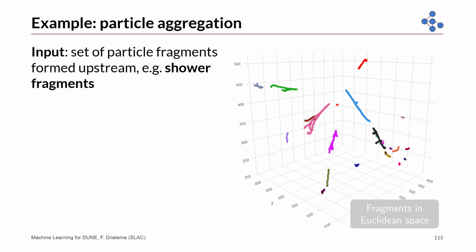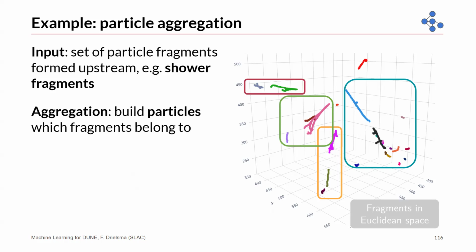And what you're trying to do is combine these different fragments together into one instance if they originate from one primary electron or photon. So when you have an electron going in through your detector, it's going to emit photons, which are themselves going to produce electron and positron. And so everything here, for instance, originates from one common ancestor, but they're all separated in the detector. What you're trying to do is find correlations between them. You cannot do this trivially with a CNN, but a GNN is a really great way to do this.